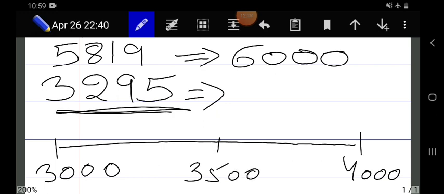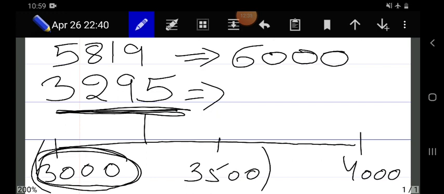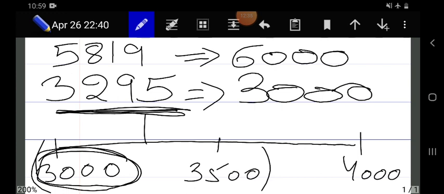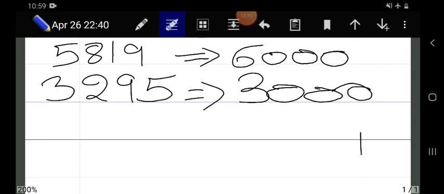So 3,295 lies between 3,000 and 3,500, so we will write the number before it that contains three zeros, that is 3,000. Let me write it clearly: 5,819 will become 6,000 and 3,295 will become 3,000.